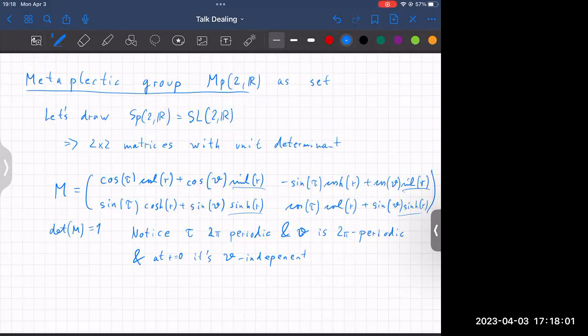So based on your knowledge of polar coordinates, you can therefore think that r, theta are polar coordinates of a plane.